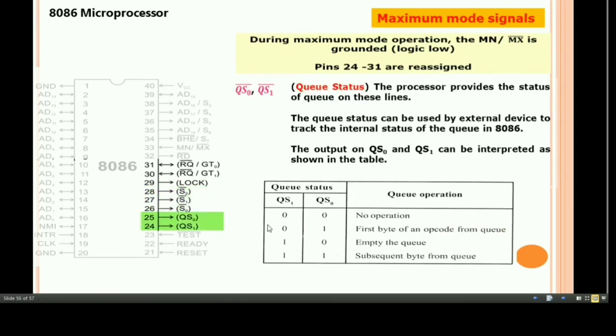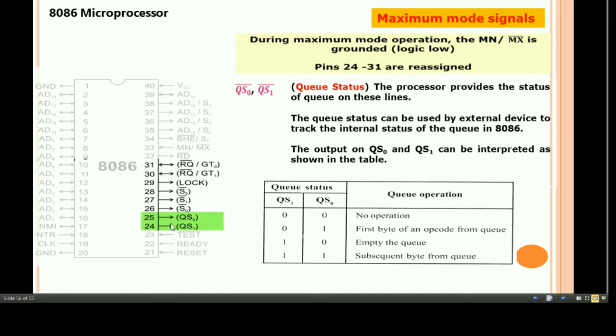Now pin number 24 and 25. These pin numbers 24 and 25 are called QS0 bar and QS1 bar. These are the Q status pins for 8086 in maximum mode. These are the output pins for 8086.